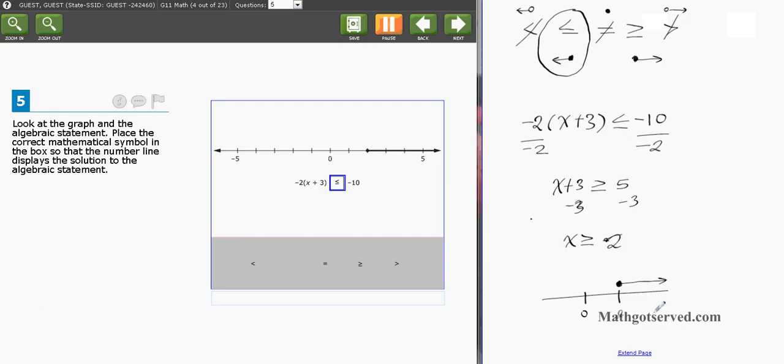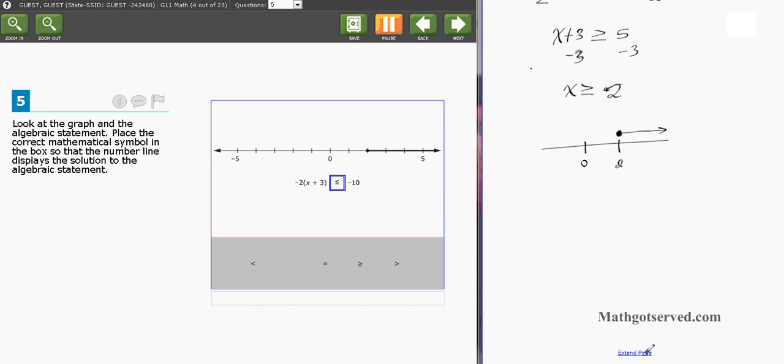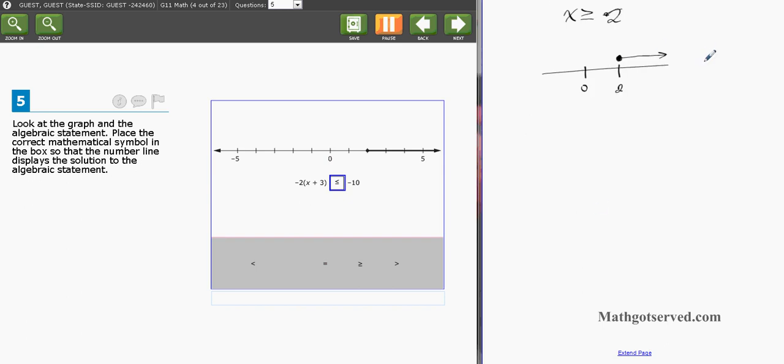So let me show you the different cases. This one right here, this one we just did, is less than or equal to. Had we done greater than or equal to, we would have had this solution. It would have looked like this. Positive 2 with a closed circle pointing to the right. Okay? And then for this problem, if we had done equal to, it would just be right on positive 2.